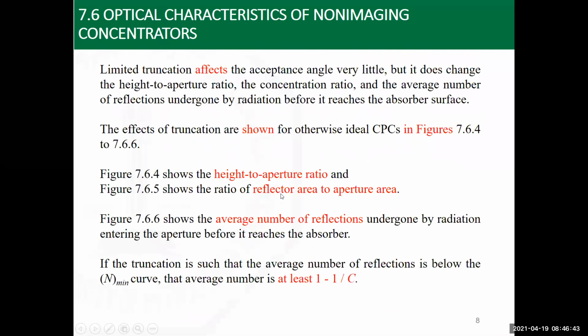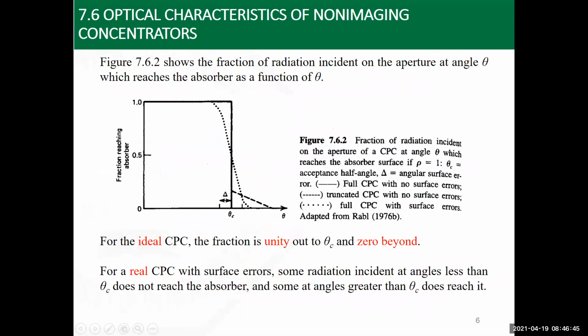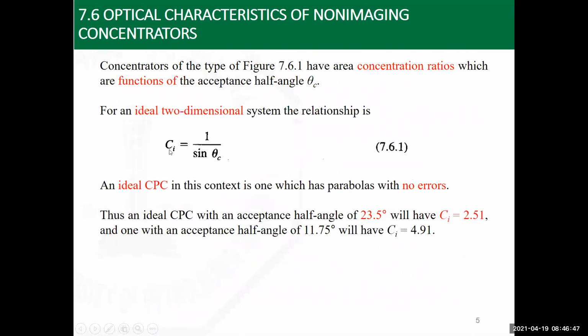We got it from the definition that we have seen earlier, that Ci, the concentration ratio, is 1 divided by sine theta c. We know that Ci should be 2. So 1 over sine theta c should be 2, which means that sine theta c should be half, 0.5. And if the sine is 0.5, then the angle is 30. So this is how we came up with the value of theta c initially.